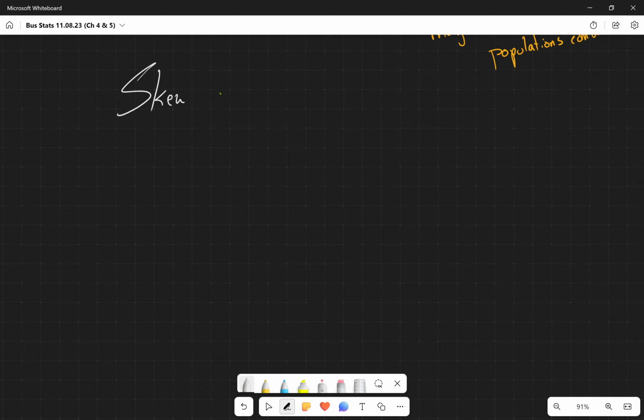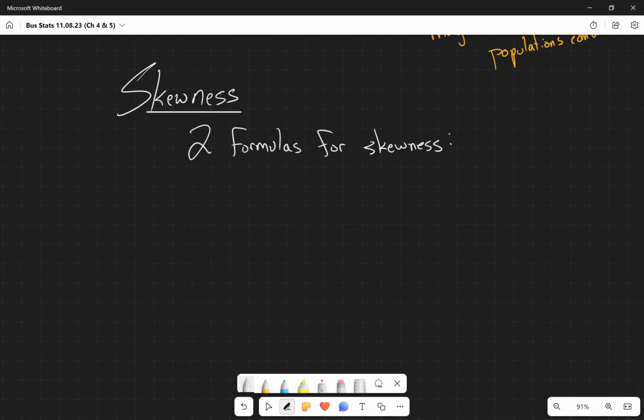So how do we actually measure this skewness if, let's say, we don't have the ability to graph or we don't want to graph, right? Well, we have two separate formulas. The first one is called Pearson's coefficient of skewness.